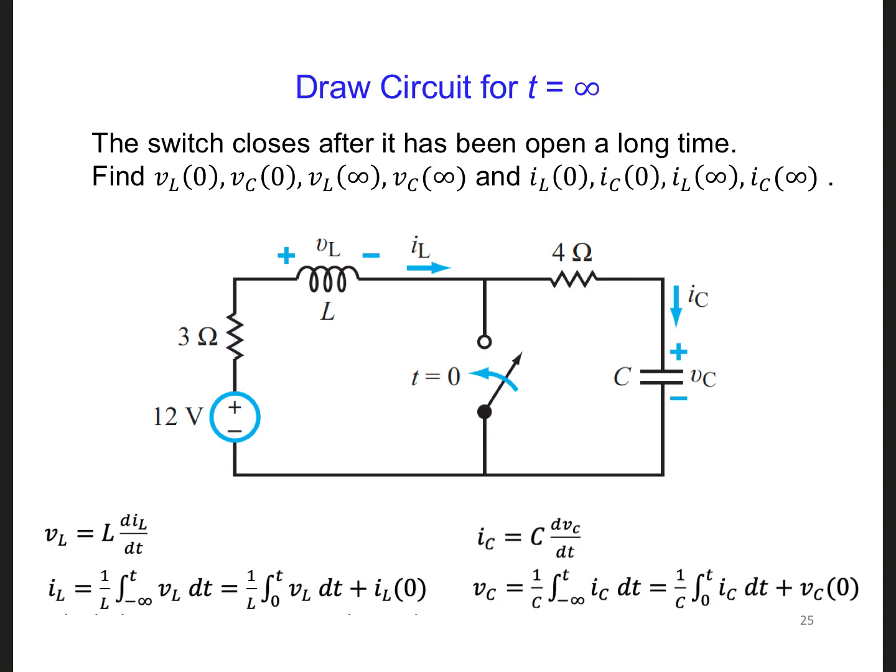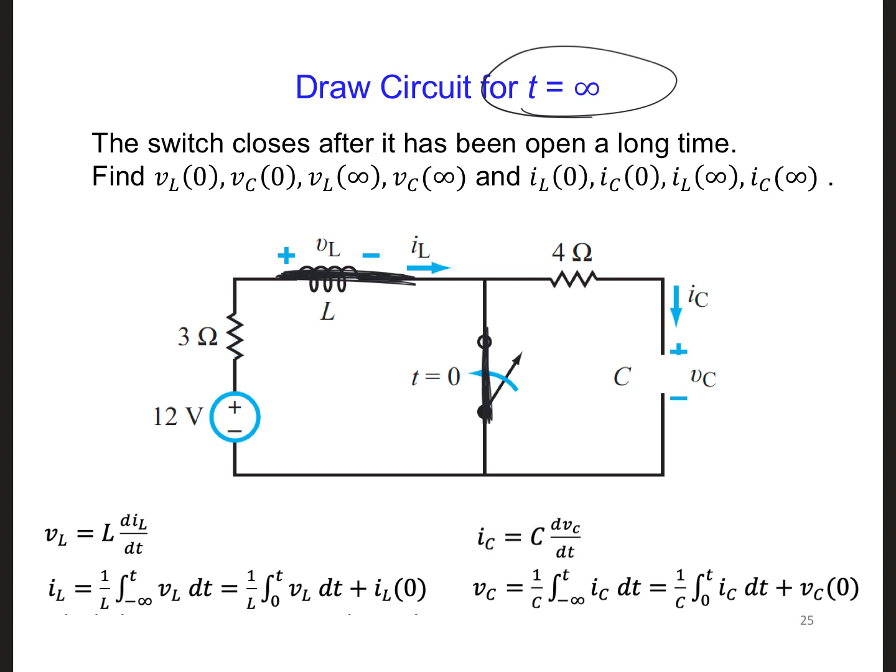All right, then lastly, we can draw our circuit for time equal infinity. In this case, the switch is closed. It's been closed for a long time. So now we have a short circuit across the inductor, and we have an open circuit across the capacitor.